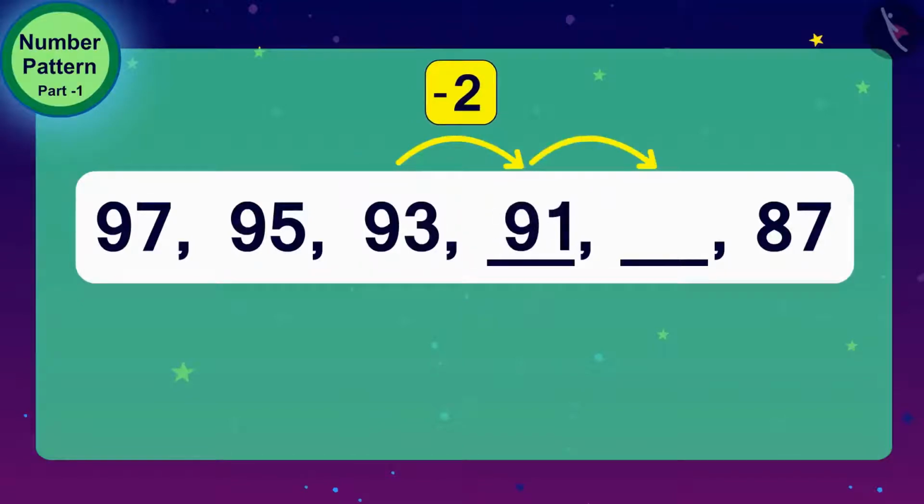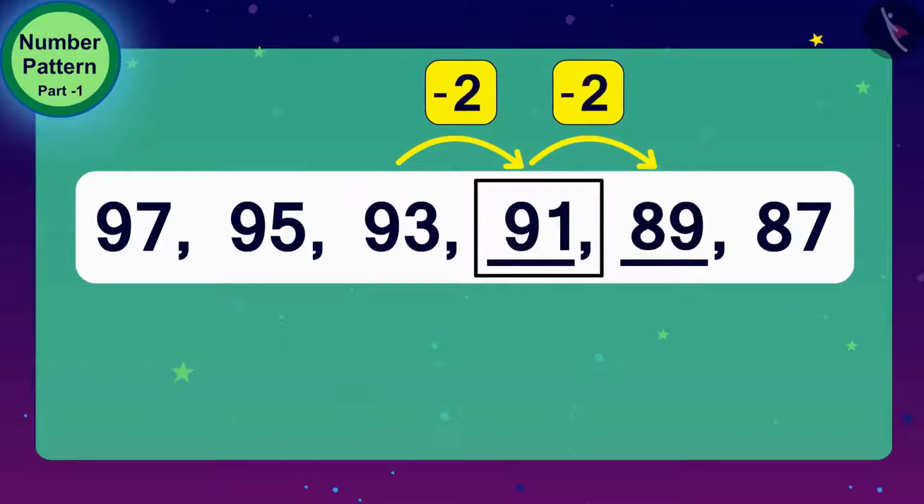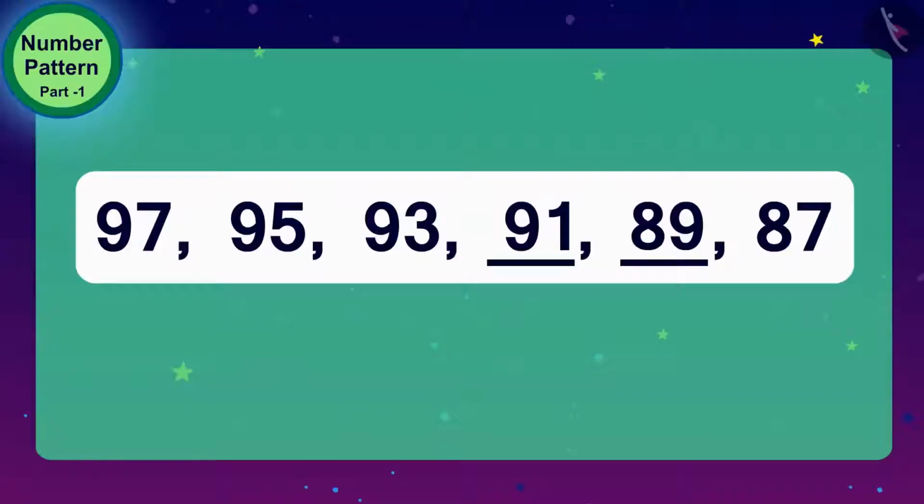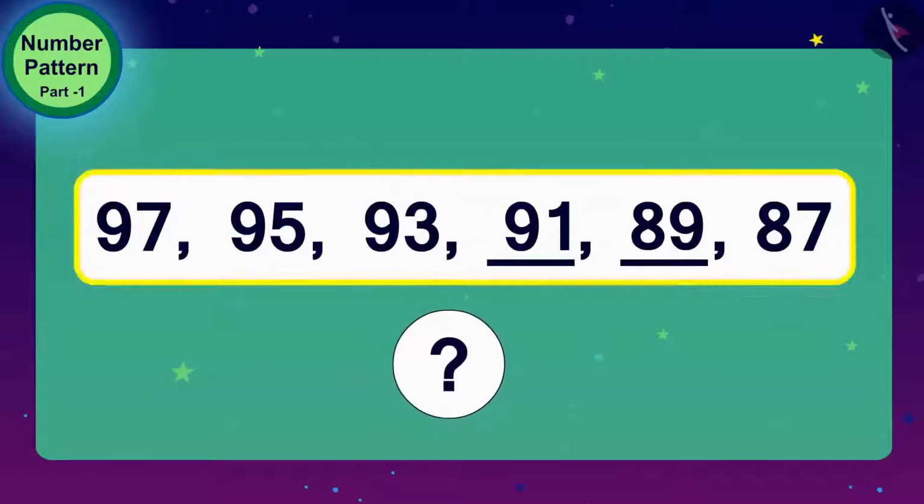And what will be its next number? 2 less than 91. In this way, our pattern is completed. Children, do you see something special in this pattern, like the pattern of even numbers?